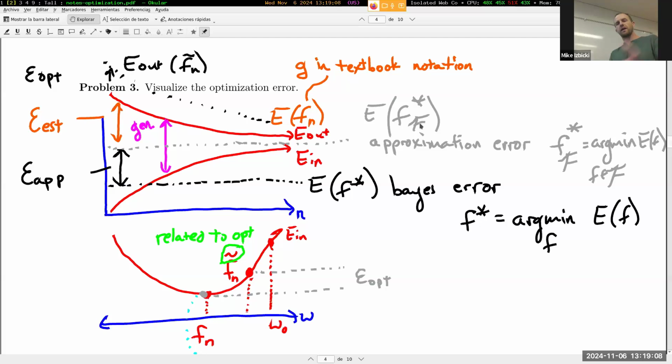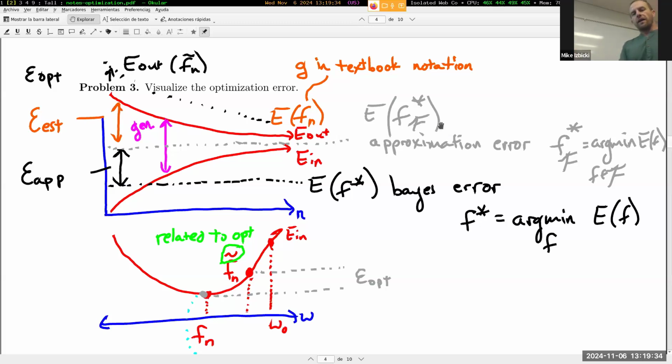This scripty F, capital funny looking F, is Leon Bottou's notation for a hypothesis class. Hypothesis is a synonym for function. So F and H, whether you're talking about functions or hypotheses, are the same thing, but people who use the word function tend to use F, and people who use the word hypothesis tend to use H.